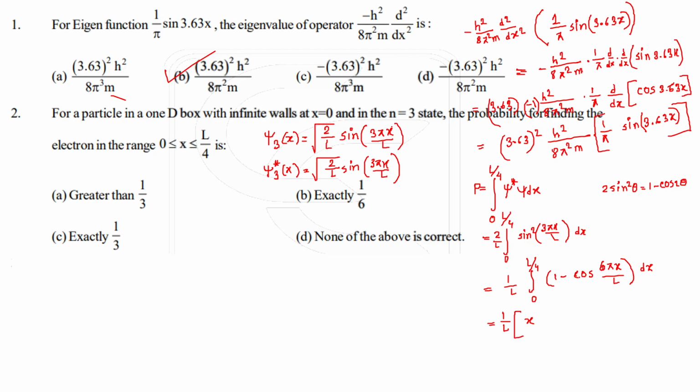So integration of cos 6 pi x by L is going to give me plus sine 6 pi x by L, and here L by 6 pi will come in, and the limits are from 0 to L by 4.